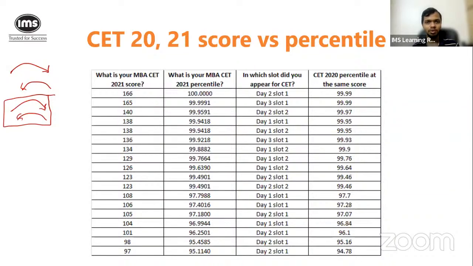Okay, so you're asking me about my mocks when I was a student, because I have not taken mocks after that. There was no requirement. When I was taking CET for the first time, I was scoring in the range of 115 to 130.